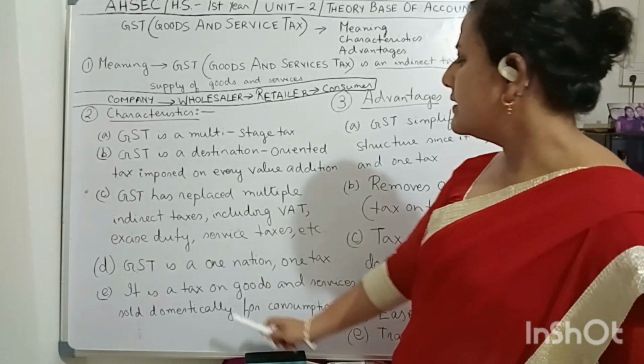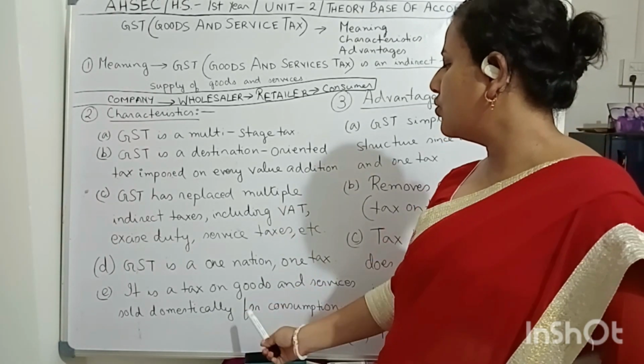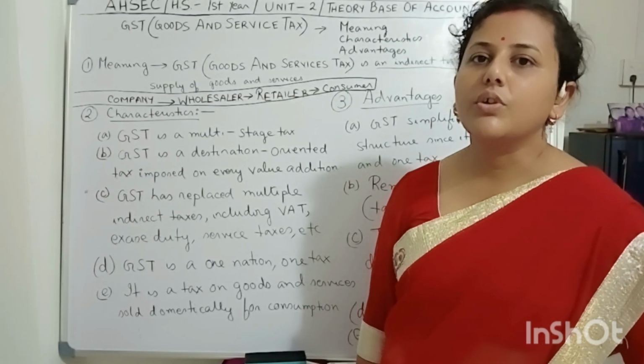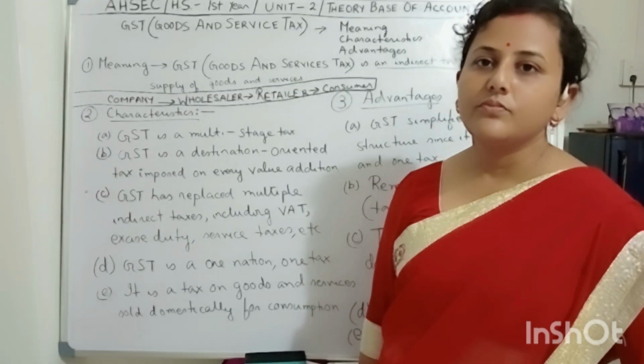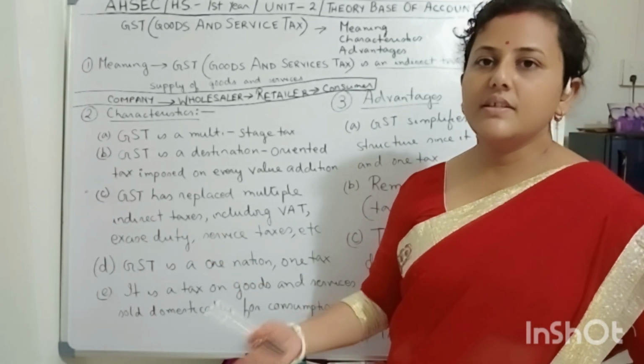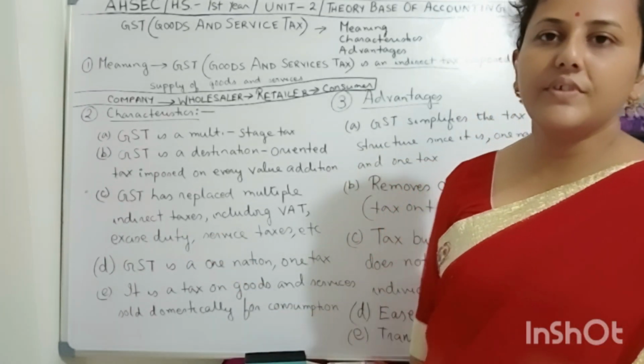The 5th point is, it is a tax on goods and services sold domestically for consumption. So domestically means what? Within the country. It is not export of goods. When there is export of goods, the case is different.